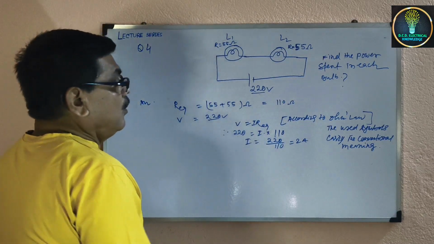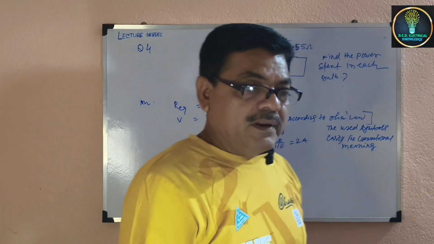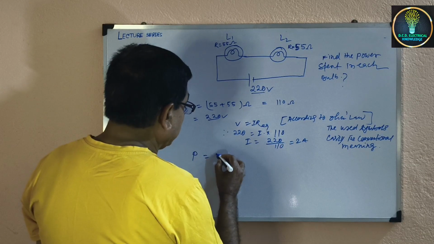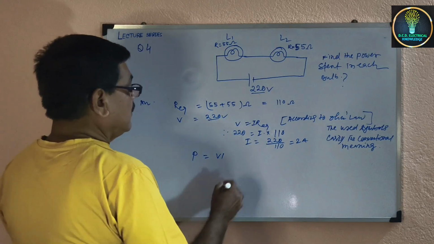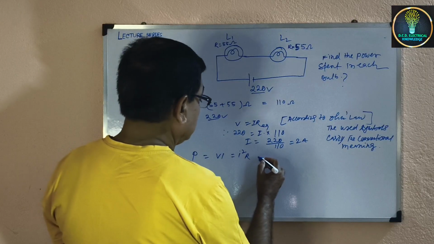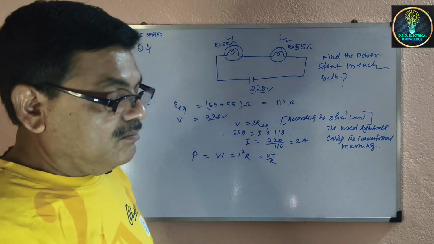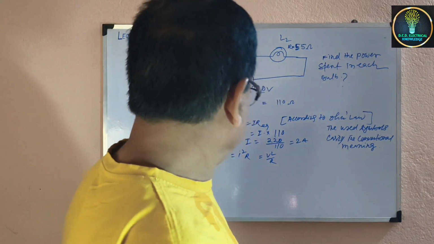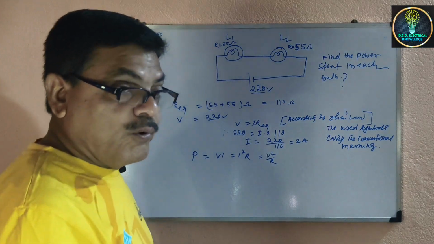Then what is the formula of power consumption or power spent? We know that P is equal to VI, or I square R, or V square by R. In previous lecture, I also discussed which formula is used when.